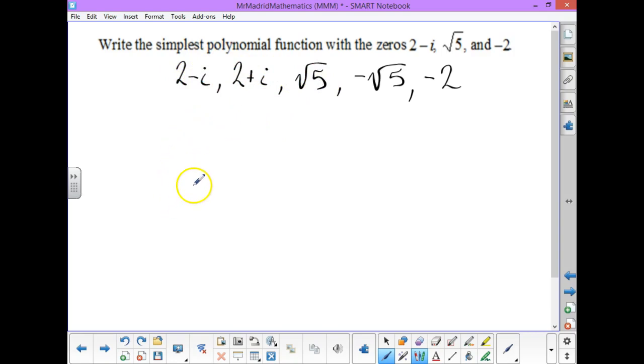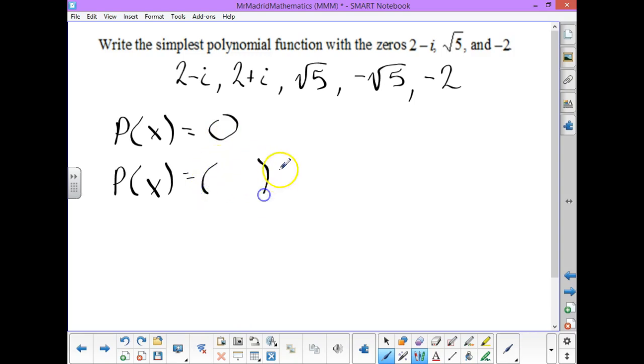Alright, with that said, let's get started here. We do need the simplest polynomial function. So we can go back to what we just did on the previous problem, where we set our polynomial equal to 0. Specifically, we can do so because we know these are the given factors. So to avoid any mathematical errors on my part, I'm simply going to create the skeleton.